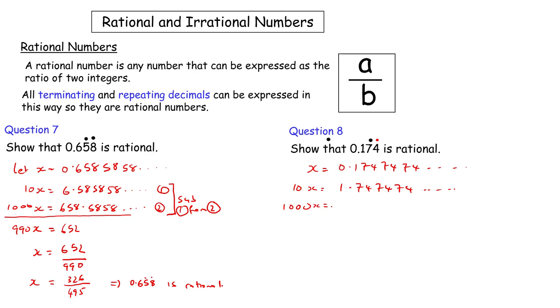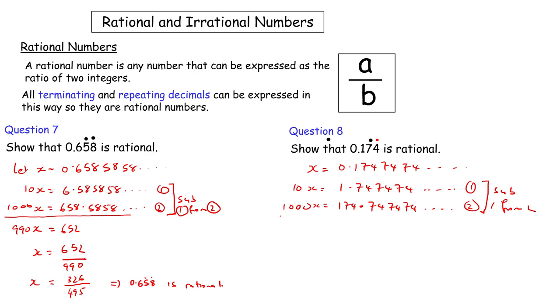So 1000x is equal to 174.747474. That's my second equation, that's my first equation. So I'm going to subtract 1 from 2.